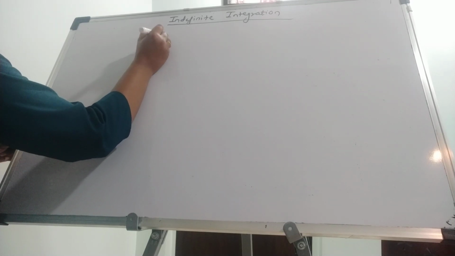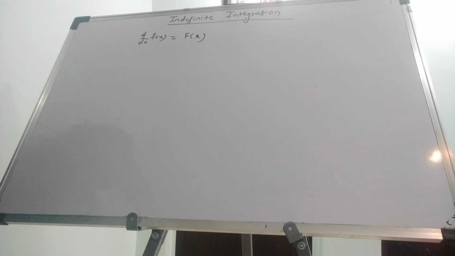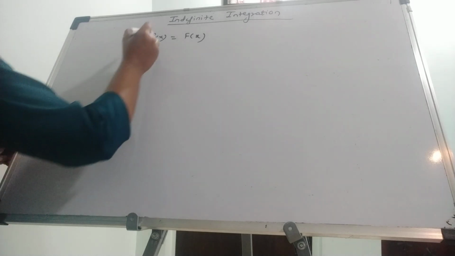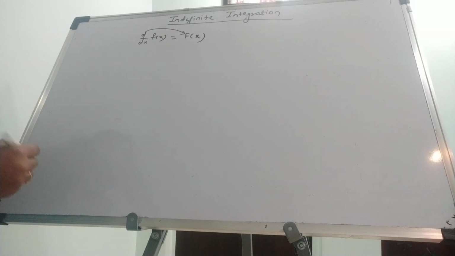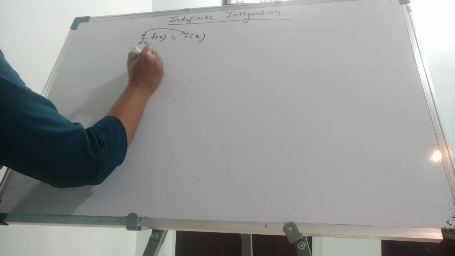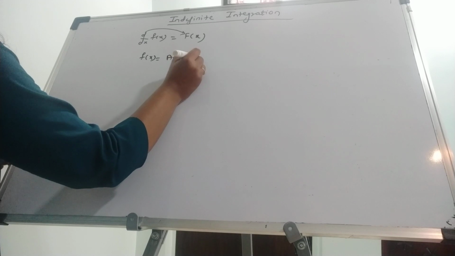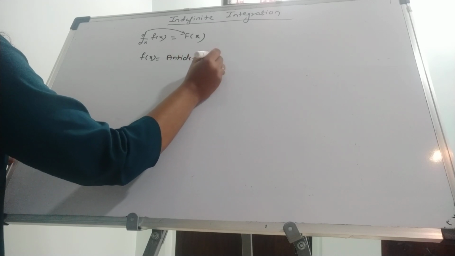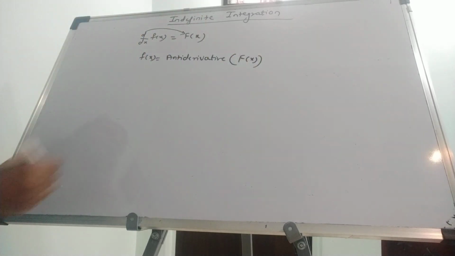Suppose derivative of small fx is capital Fx. If you take derivative on the other side, it is antiderivative of capital Fx.